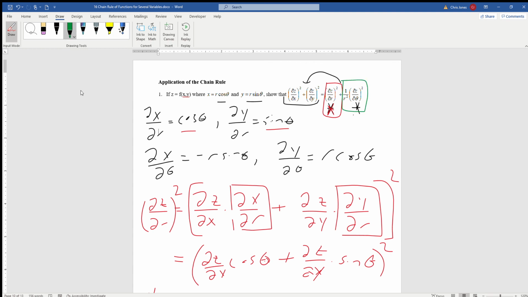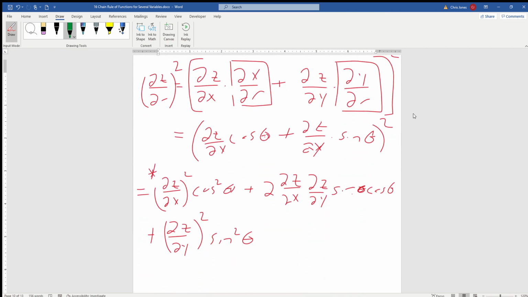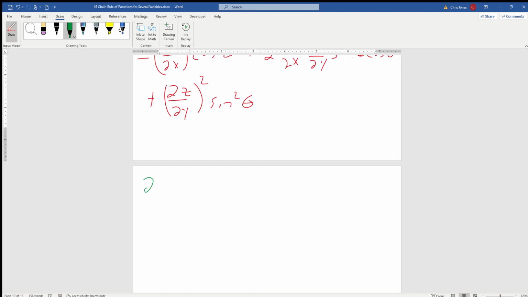So let's just start by finding partial z partial theta. Then we can worry about the 1 over r squared and then the square. Partial z partial theta by chain rule is partial z partial x times partial x partial theta, and since it's a total derivative, plus partial z partial y times partial y partial theta.